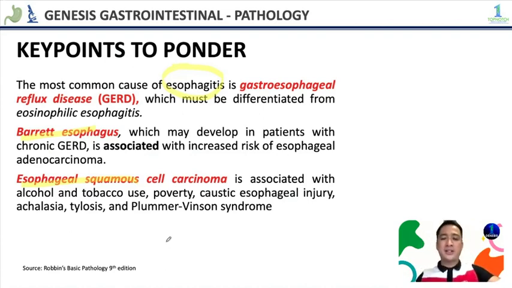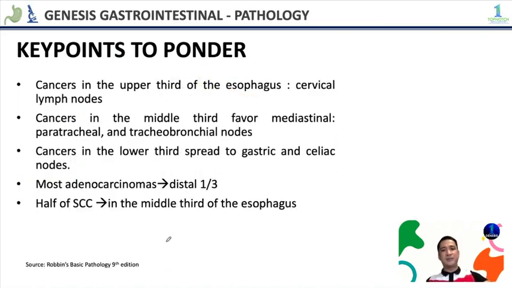Paterson-Kelly-Brown, and caustic injury. So just to correlate with anatomy and histology, just remember the lymph nodes, no? Of course, the upper third of the esophagus is drained by the cervical nodes, so that is where its metastasis goes.